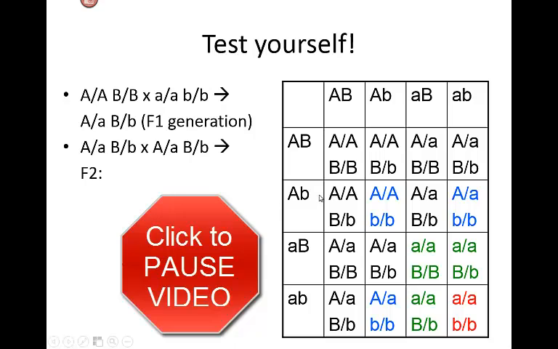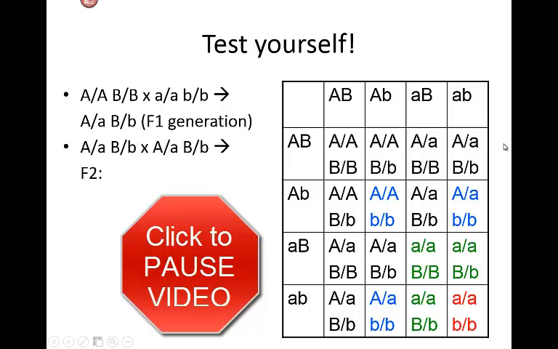Okay, so in this first square, all you do is fill in the square with both of these traits. You always keep the A's together, the first trait together, and you always keep the B's, the second trait, together. The other convention is that you always write the capital letter of the pair first. So in this case, it doesn't matter: you've got capital A, capital A, capital B, capital B. In this case, capital A, capital B, lowercase b.